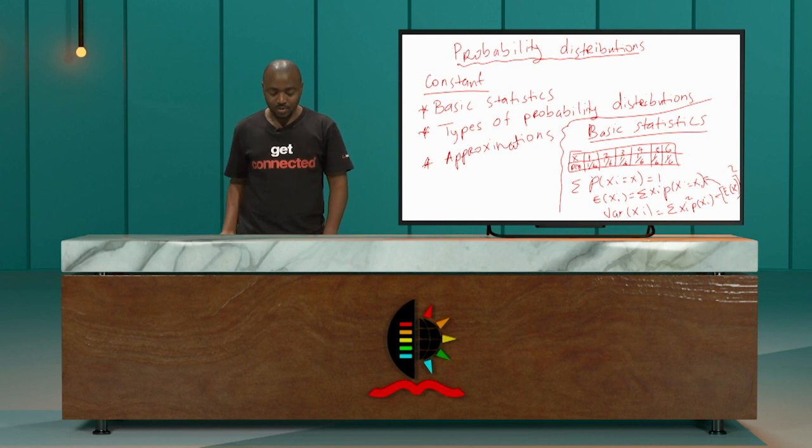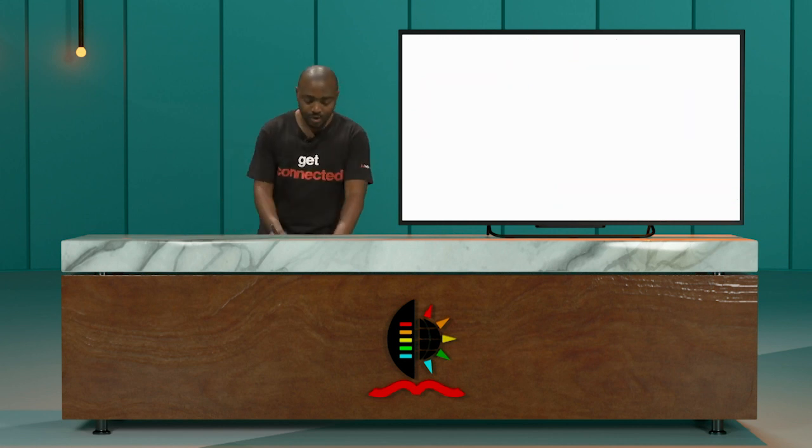Now let's talk about types of probability distributions. But before we go there, let me talk about weighting in stats.